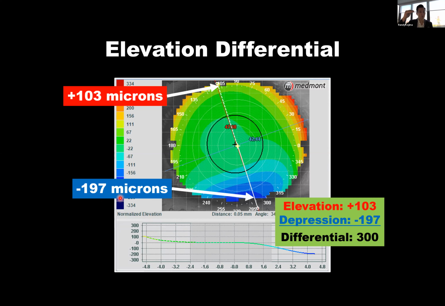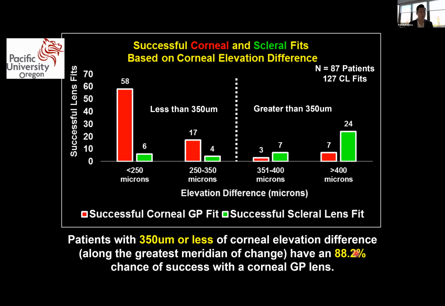So the absolute change in height is 300 microns, meaning that you have an absolute change in elevation from the high point to the low point of 300 microns. Now, what does that mean? Well, when you're below 350 microns of elevation change, if you're less than that, then generally a corneal GP can work with great success, about 88% of the time.